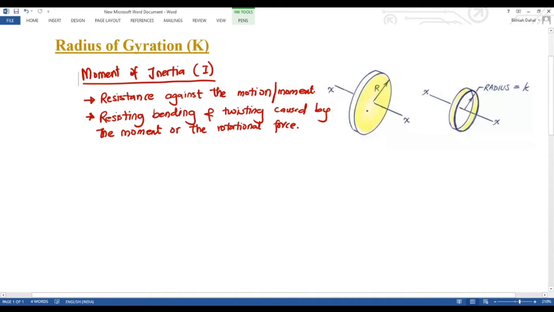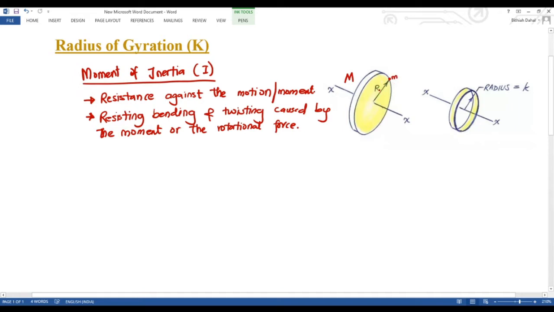Okay, and now when this is rotating, let us say that the whole of this solid circular disc has mass m. Now I want to take a certain point. Let us say I take a point here, and let us consider that there is a mass m here.